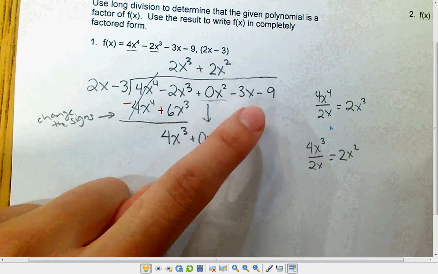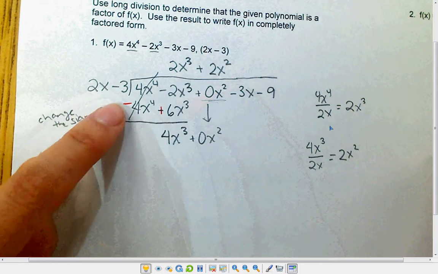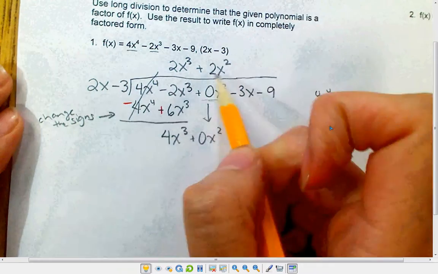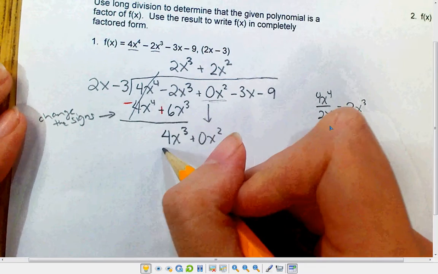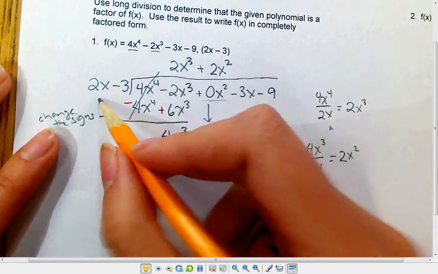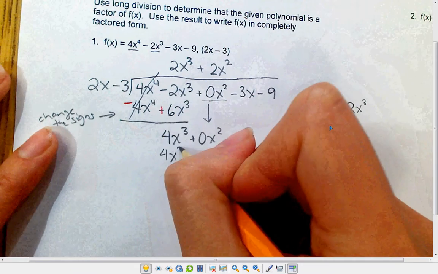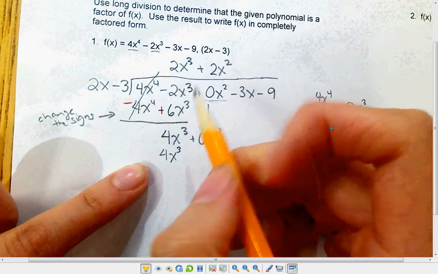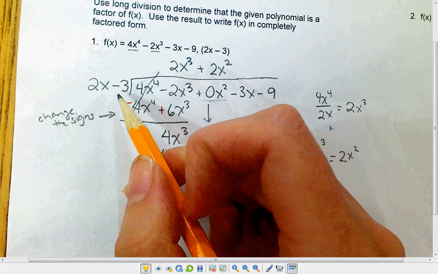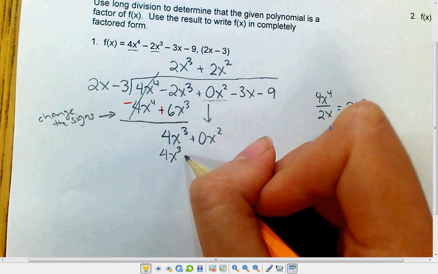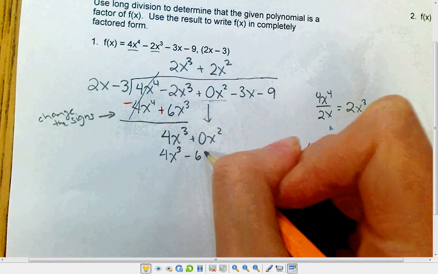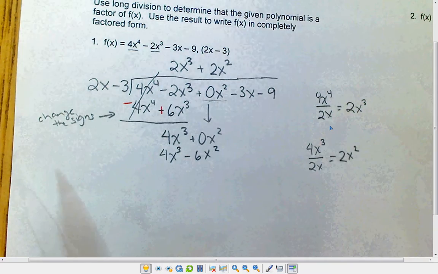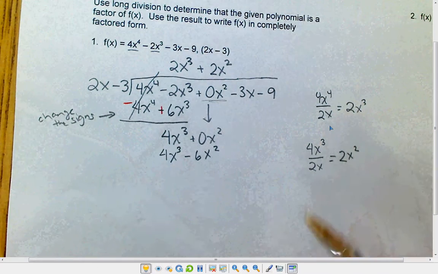And just like before, I'm going to multiply this 2x squared by both of these. 2x squared times 2x: 2 times 2 gives me 4, x squared times x gives me x to the third. Again, they should match up. And then 2x squared times negative 3 gives me negative 6x squared. Again, what I'm going to do is change the signs.